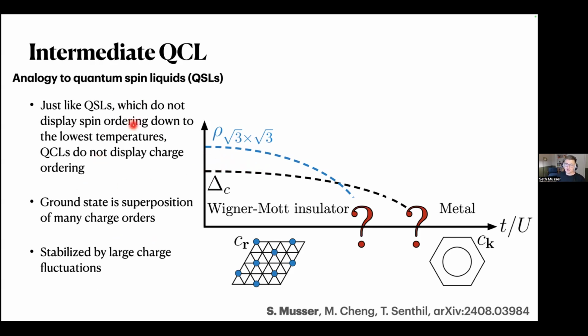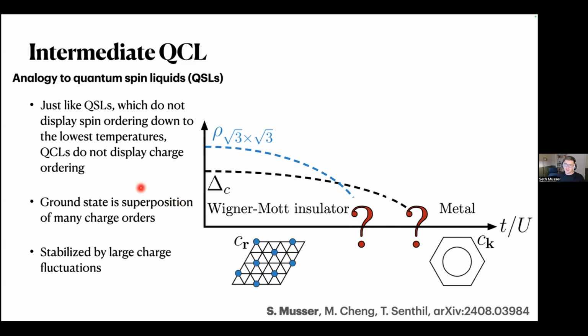Just like a quantum spin liquid, which you may be familiar with, at the lowest temperatures a quantum spin liquid doesn't display any spin ordering. Here we have this fractionally filled phase, which at the lowest temperatures doesn't display any charge ordering. But it's not like a metal because it's gapped, so there are no gapless degrees of freedom.